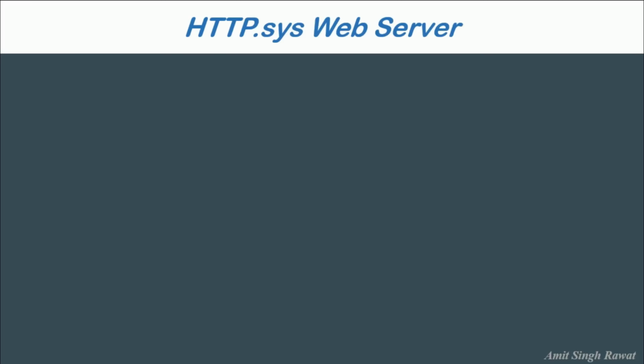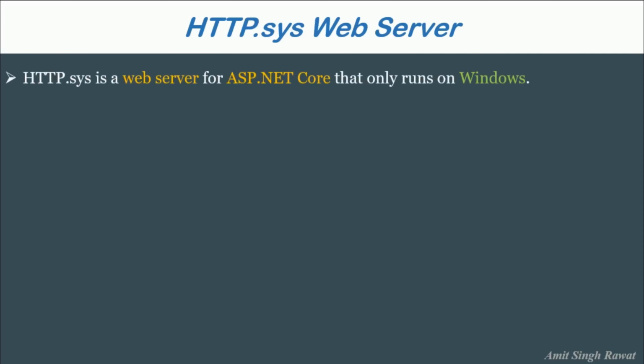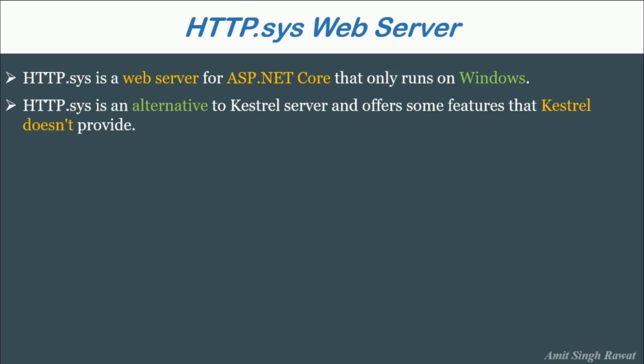Let's understand some important concepts around the HTTP.sys web server. HTTP.sys is a web server for ASP.NET Core that only runs on Windows. Again, like IIS, this server is also for Windows only. HTTP.sys is an alternative to the Kestrel server and offers some features that Kestrel doesn't provide.